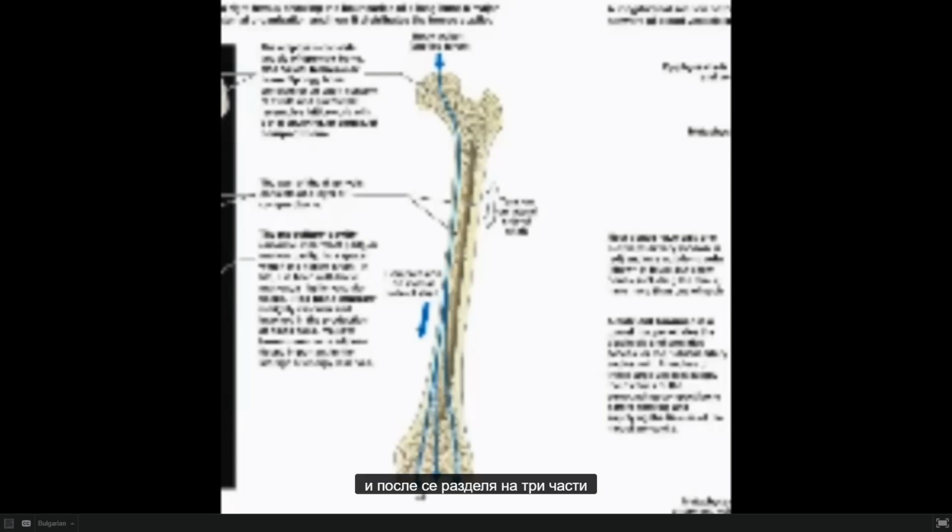Then it splits into only 3 parts in the bottom corner of the hip bone, and then goes through the wide bone in your leg, and then to the ankle, and then to your heel, which is one point.